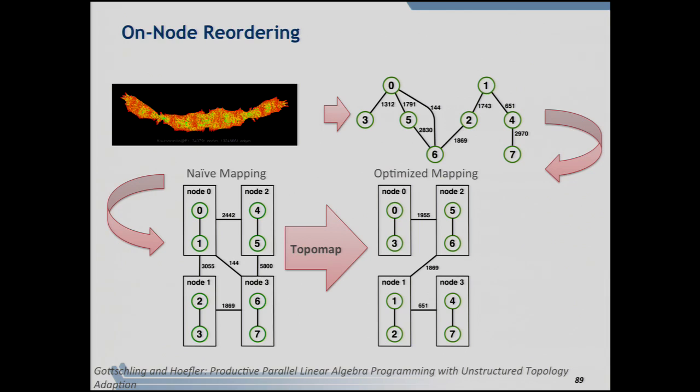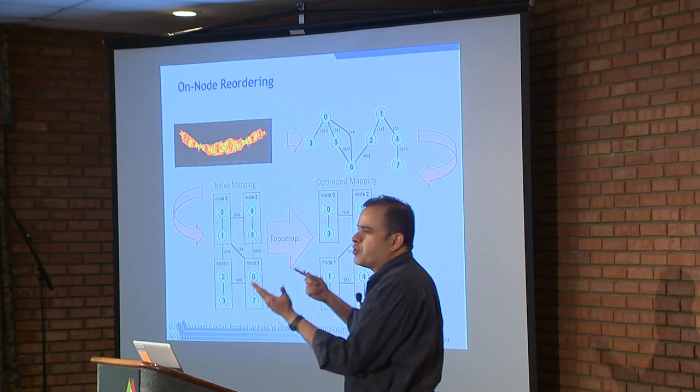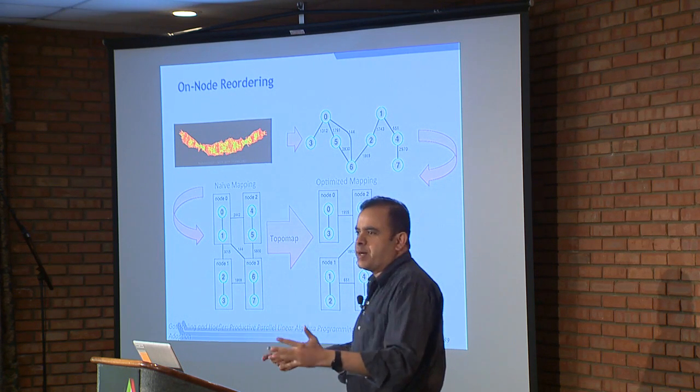Maybe I'll show you an example, and then it'll get clear. Let's say you have an application producing some kind of scientific code, and let's say you run it on 8 ranks, and these are the 8 ranks, and this graph represents the communication between the ranks. It could be the number of messages, it could be the number of megabytes, whatever.